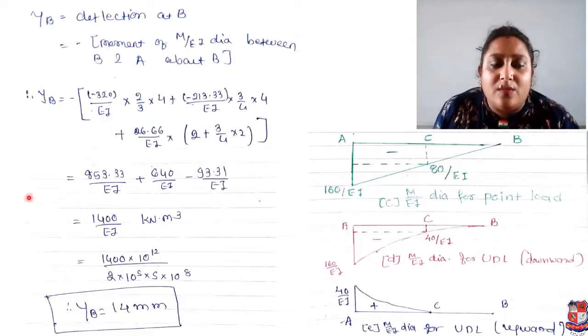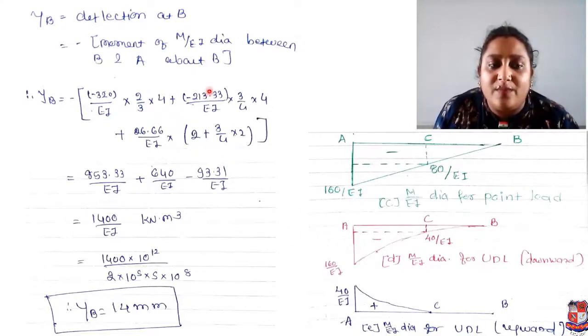So first, from the previous slide, whatever values we have taken, here minus 320 upon EI multiplied by 2/3 of 4, plus minus 213.33 upon EI multiplied by 3/4 of 4, plus 26.66 upon EI multiplied by 2 plus 3 by 4 of 2.